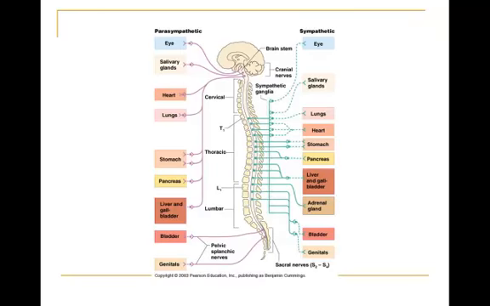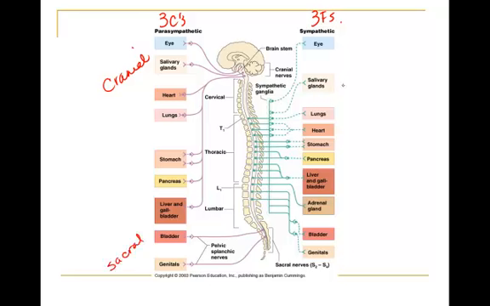Okay. So there's two parts to the autonomic nervous system while I explain this. There is the parasympathetic, which is our 3 C's, if you remember, versus our sympathetic, which is our 3 F's. So the exit point for the 3 C's is either the cranial area or the sacral area.